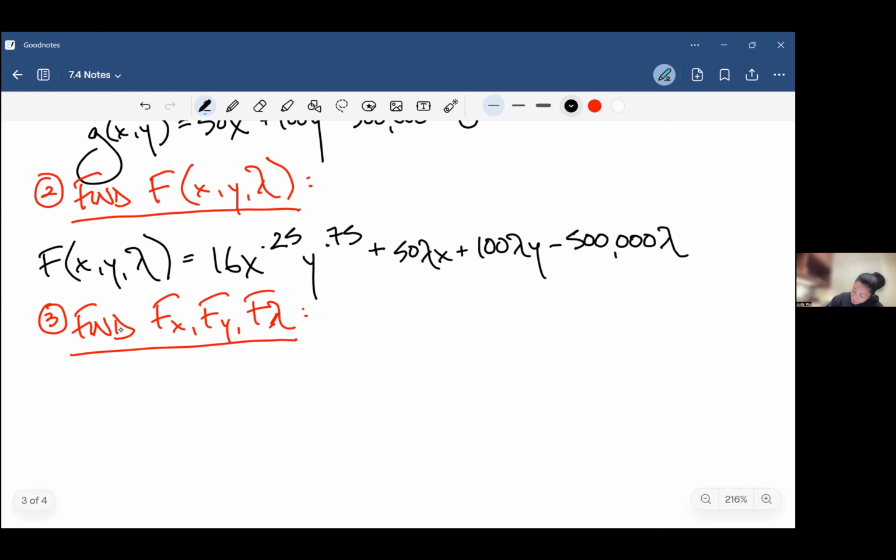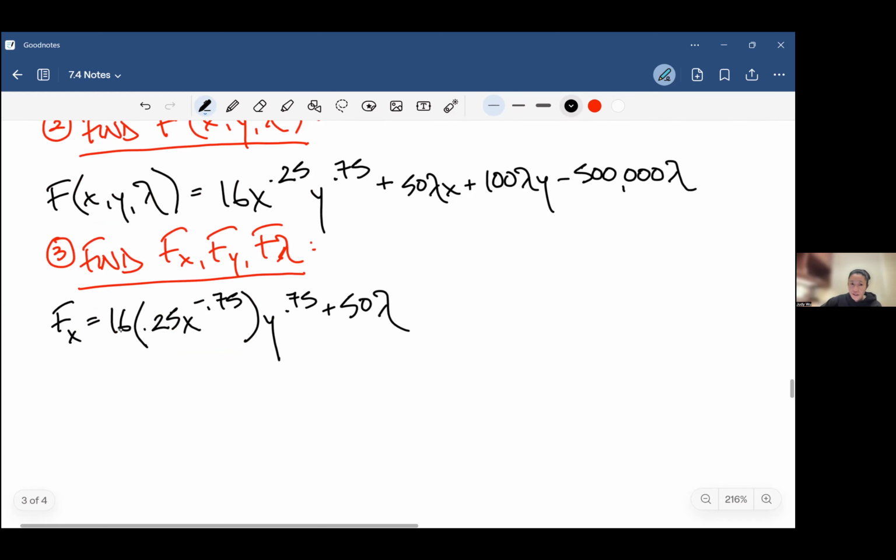All right, let's find our Fx. Looks like I have to use the power rule. So 16 times 0.25, x to the negative 0.75, y to the 0.75 is still there, plus 50 lambda. And I think all the other terms go to 0.